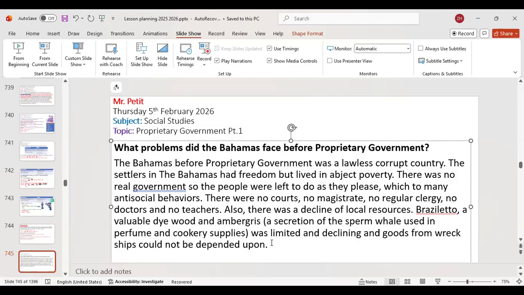Hold on, how do sperm whales get to the Bahamas? We're talking about the secretion of the male whale, that secretion is what they use. How do you use it in the Bahamas? Oh my goodness. One second. I don't know. I'm literally in class. That wasn't my phone, by the way.